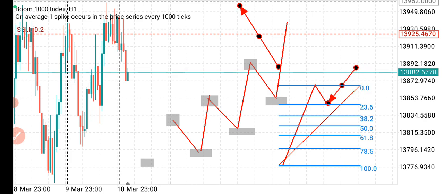That is one. But once price gets to 23.6 and more, a reversal has commenced. This video is for you to be able to identify reversal.